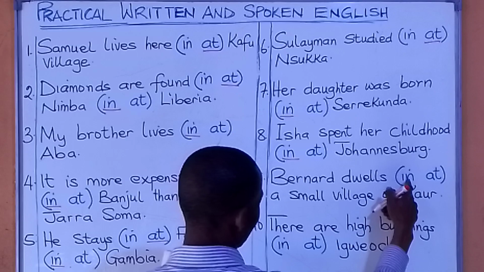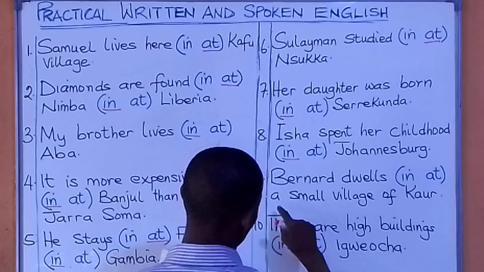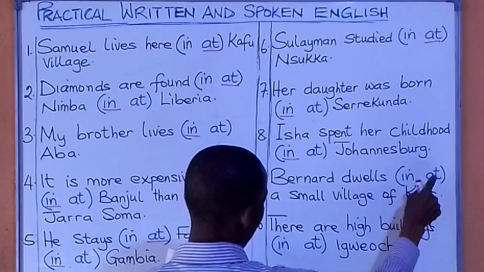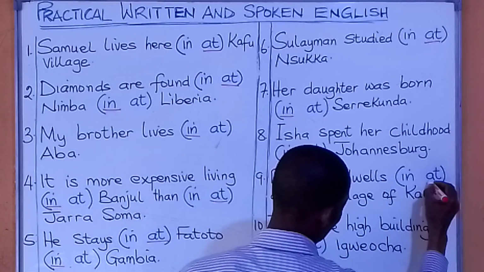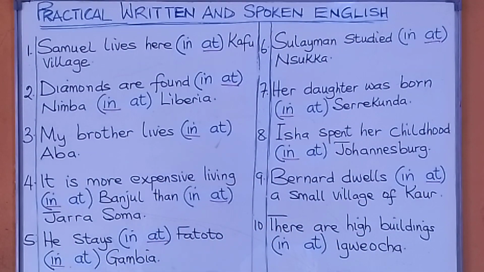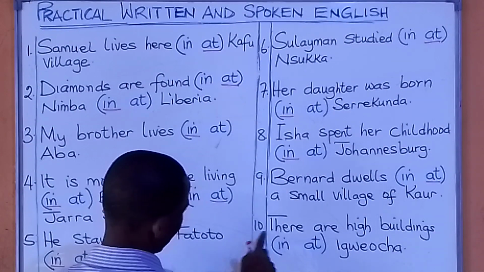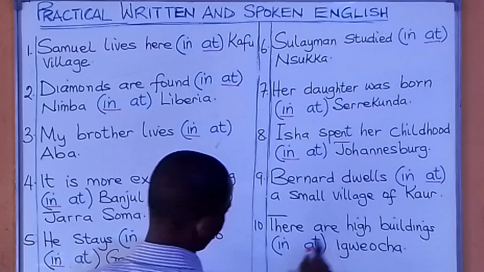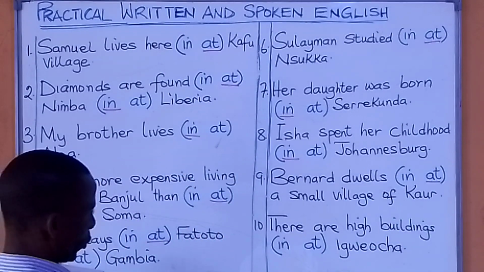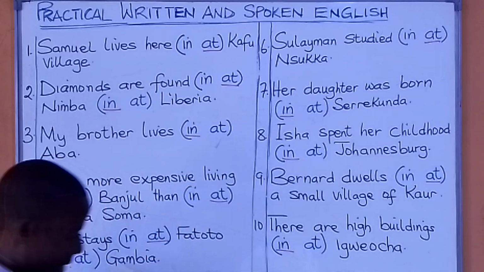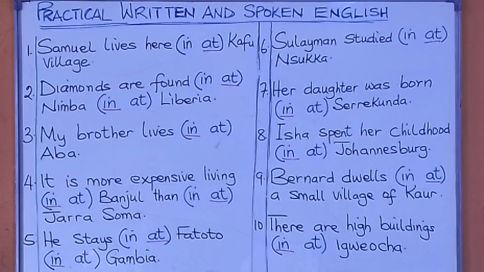Bernard dwells in a small village of Kauru, at a small village of Kauru. What are we going to put there? Bernard dwells at a small village of Kauru. Look at number 10. There are high buildings in Iguacha, at Iguacha, a big city, Port Harcourt. What are we going to write? There are high buildings in Iguacha.